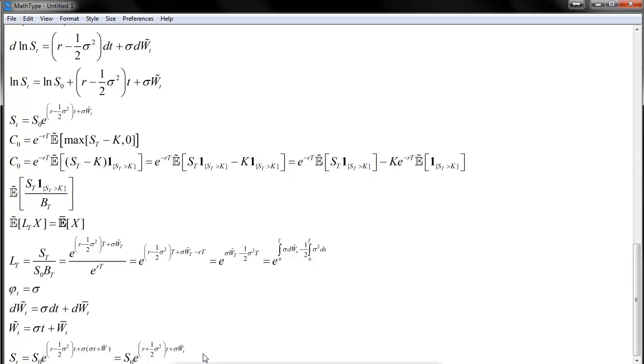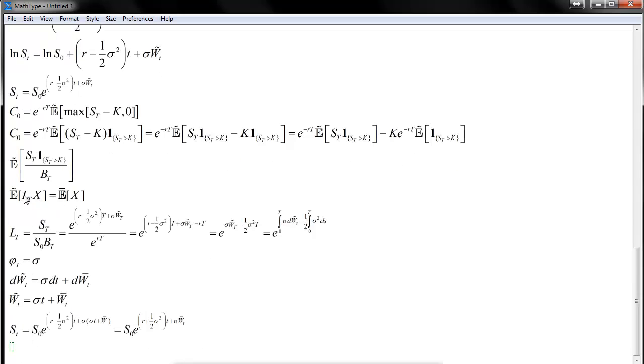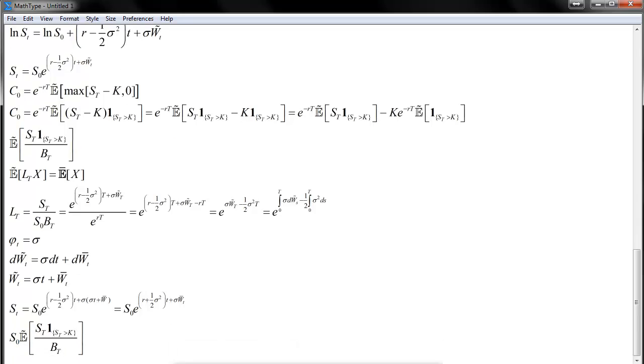Okay, well, how do I set up the expectation? Before I had something like this, and I do not see exactly the Radon-Nikodym derivative in it, because the Radon-Nikodym derivative has been defined like this, and I'm not seeing the S0 term. Well, this is very simple. We just factor out S0 and put it here again.